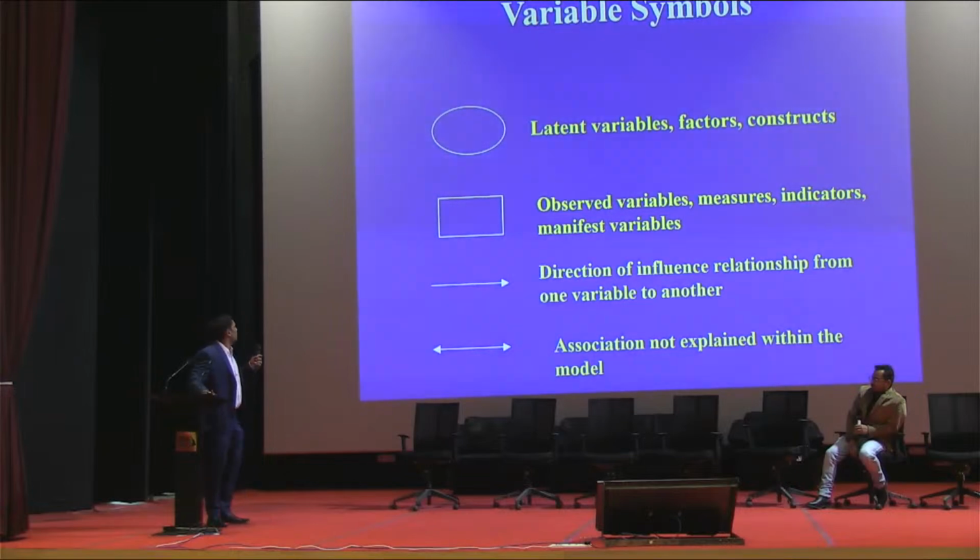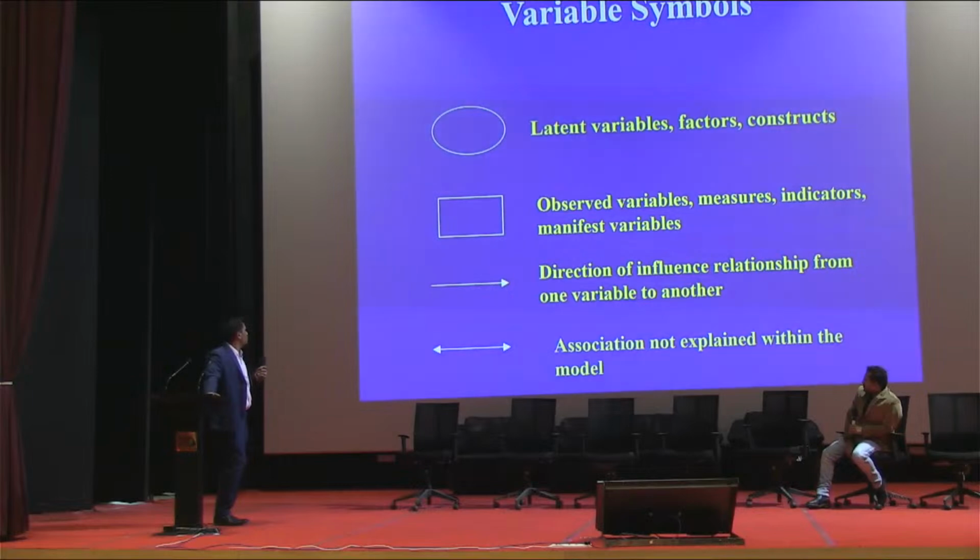They simply mean these things: an ellipse is a construct, a rectangle is an observed variable, and a one-directional arrow defines a regression relationship from one construct to another, from one observed variable to another, or from an unobserved variable to an observed variable. And when we have arrows in both directions, it talks about a covariance.